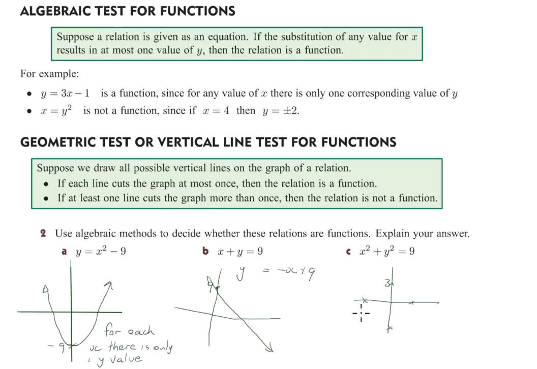So from the algebra, I can picture the relation is a circle. If I can pick a value of x inside the circle, there will be two values of y, so that is not a function. This one is a relation only.